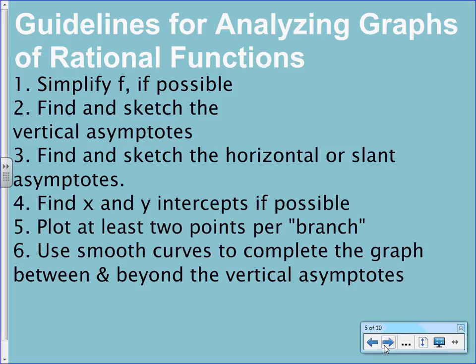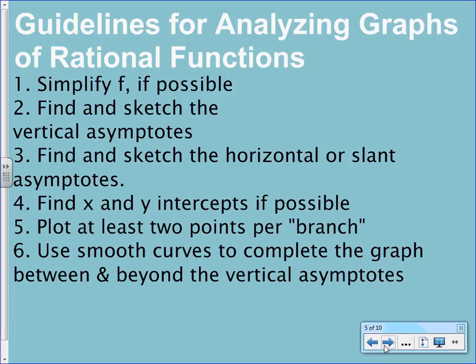When you sketch the curve, x and y intercepts are nice values to find. And then you're going to have to do some plugging in numbers, making little XY tables to figure out your points. Your vertical asymptotes are going to break your graph up into chunks.